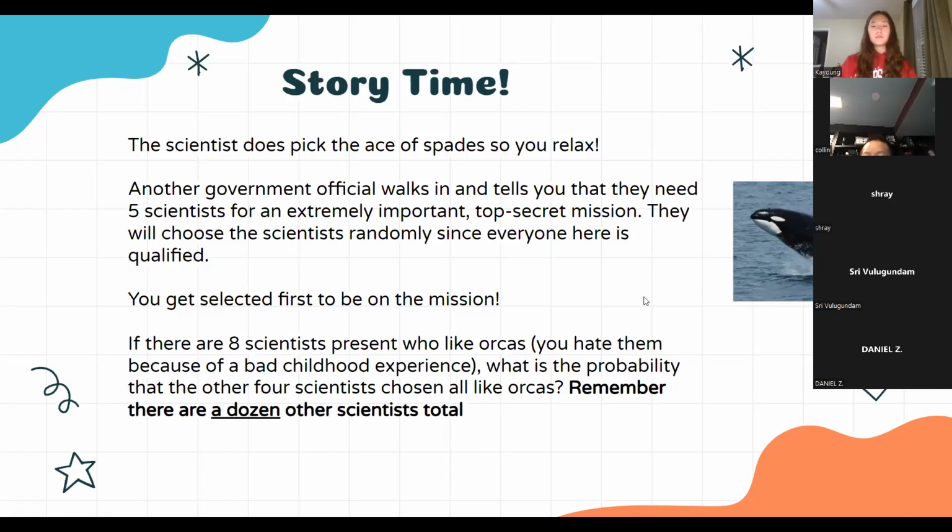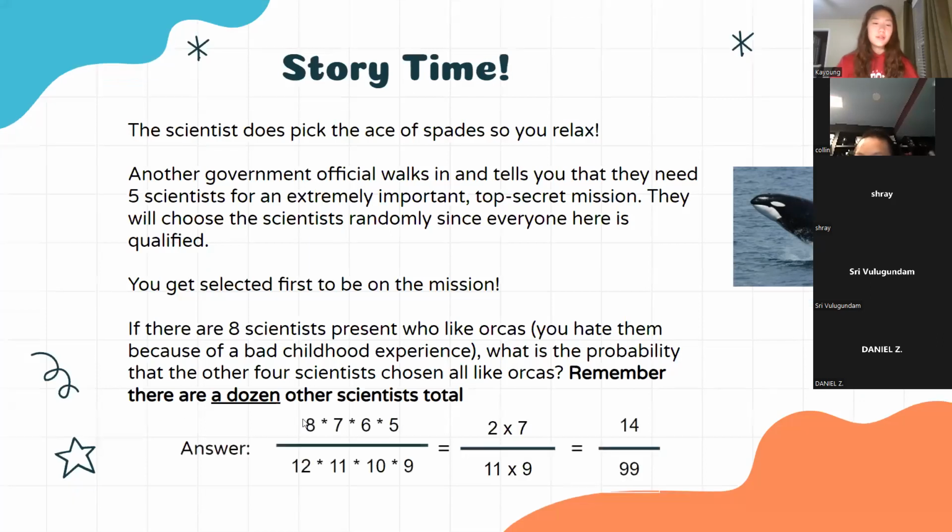So yeah, there's 12 total, 8 who like orcas. Basically, at first there's 8 out of 12 scientists that you can choose. Then one of them is already chosen, right?